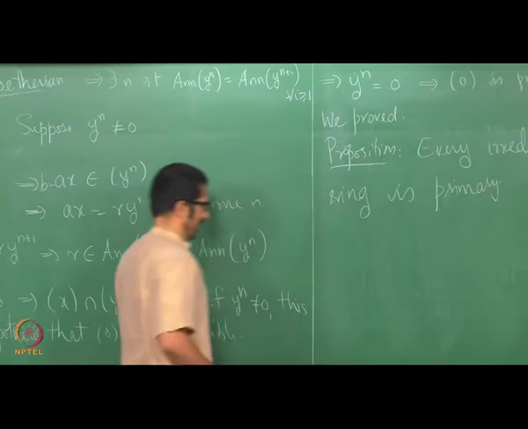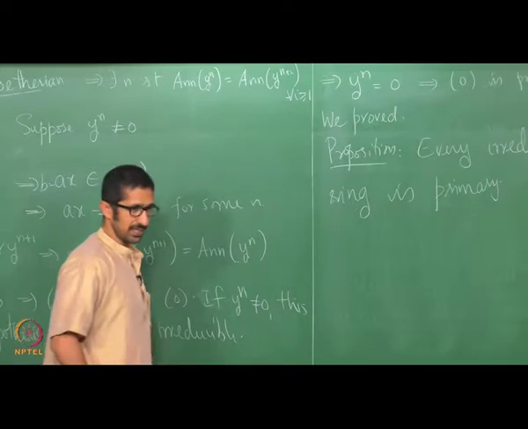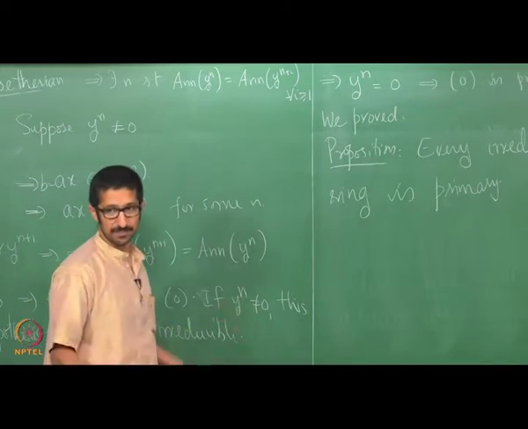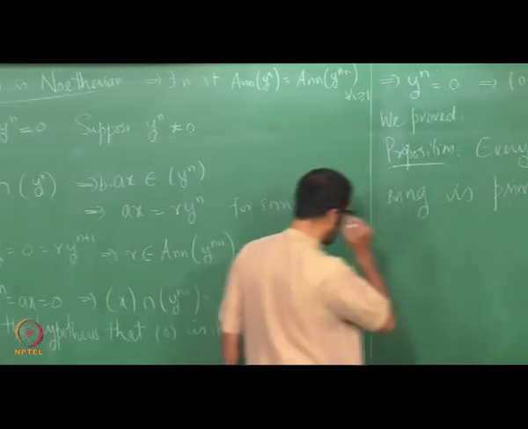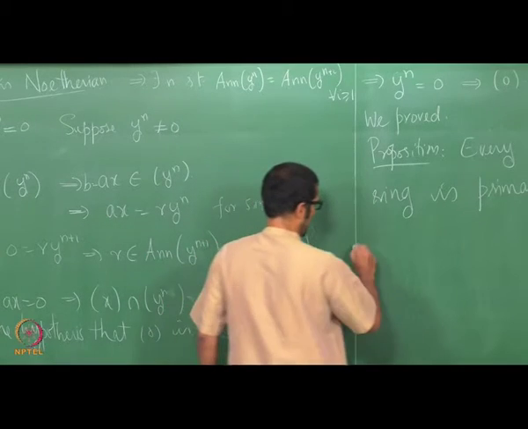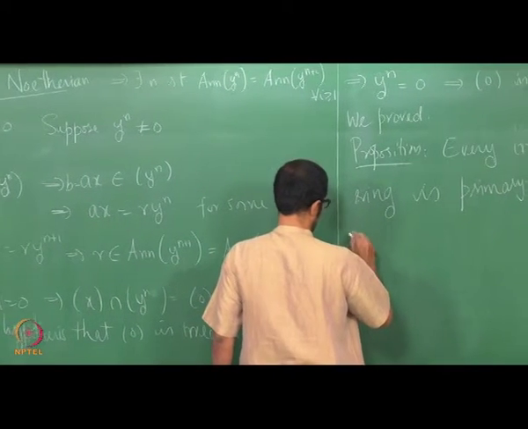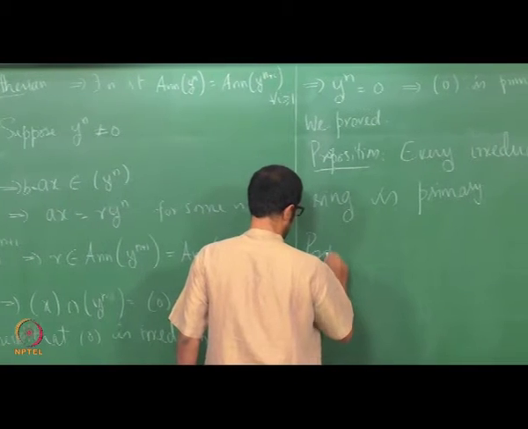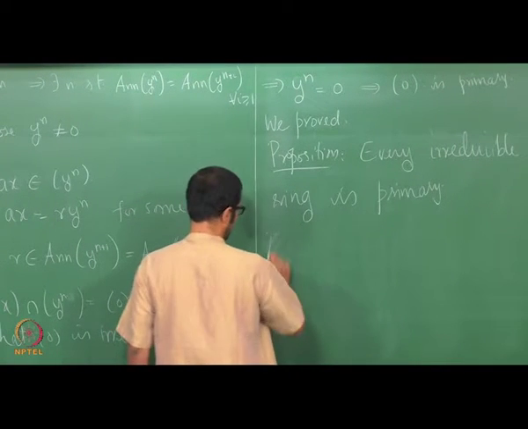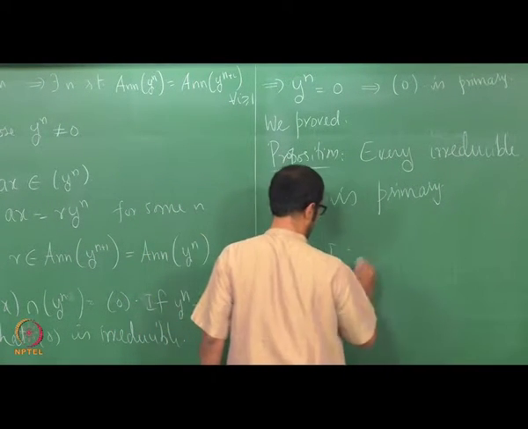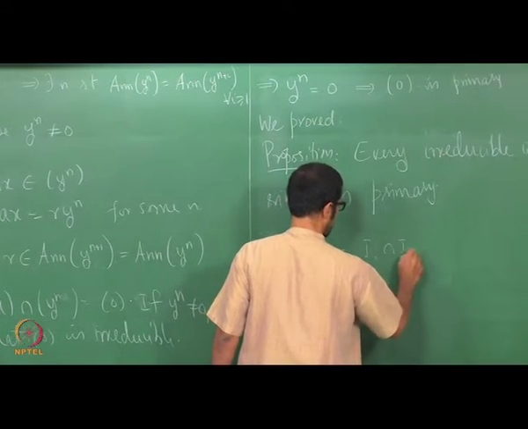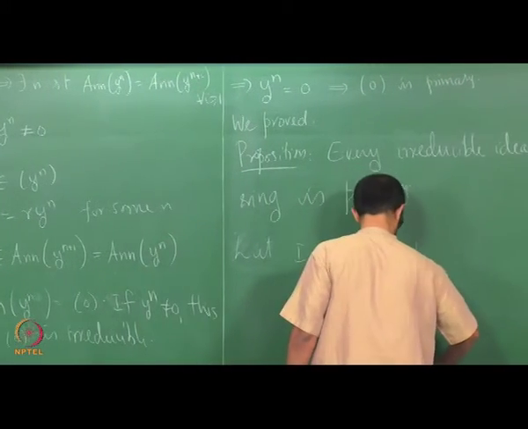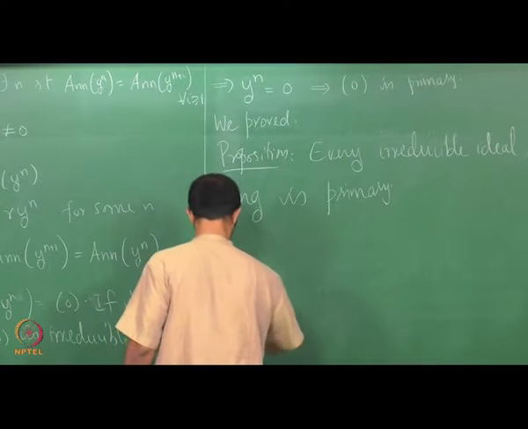Suppose we cannot do that, okay, that means there exists some ideal. So let's write like this, let I be equal to I1 intersection I2. So what is the claim?